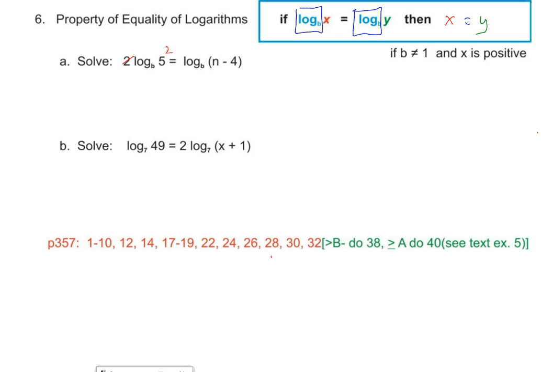And when they do, then these two are equal, right? That's what I'm after. So if I use the power law, now I have these two matching. Do you agree? And therefore then I have 5 squared equals n minus 4. And I can solve that.